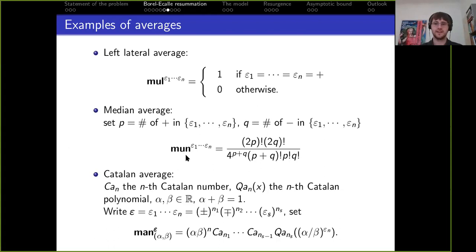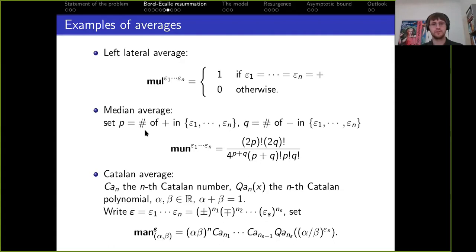The idea is that to a path that goes p times on the left and q times on the right, you associate these coefficients. It's not a very hard exercise to check that this is actually an average. It satisfies the autocoherence relations. And those averages, the lateral average and the median average, belong to the same family of uniform averages.